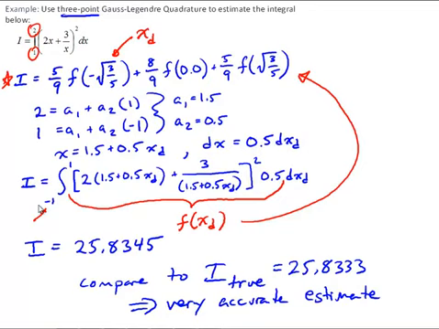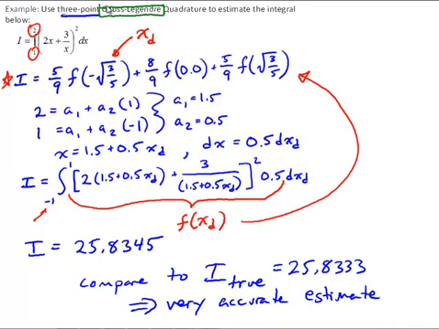Just to be clear, the approach I've talked about in this video is the Gauss-Legendre approach to quadrature, but Gauss quadrature in general refers to that basic idea of strategically using a linear combination of function evaluations to approximate an integral.